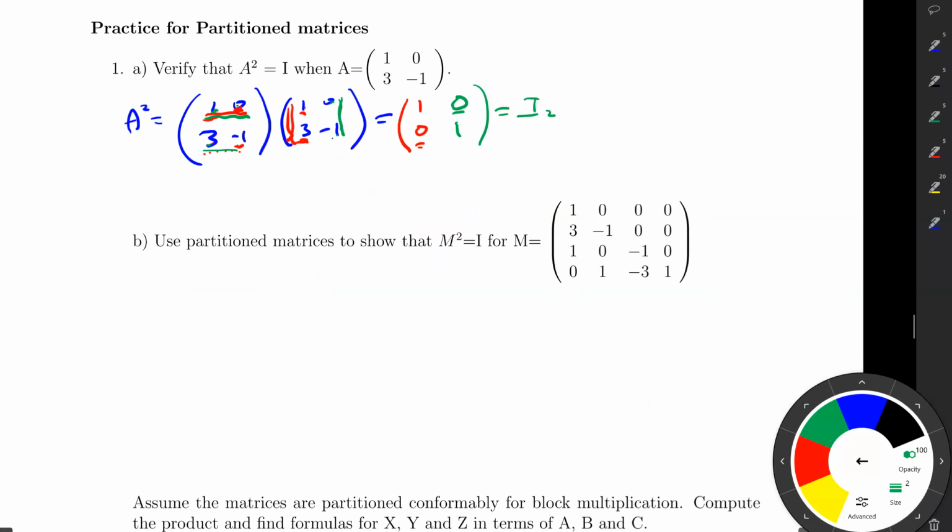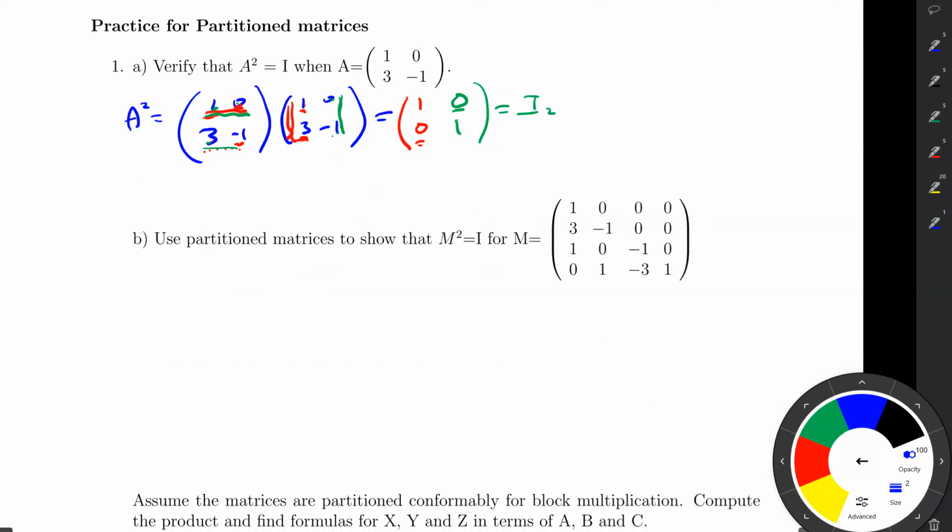All right. So let's break this matrix up into its blocks and find out that M squared is equal to the identity matrix. Looking up here, you can see that this is the matrix A. This you can see is I sub 2, and when it's implied, I just say I and put in the size that we need.